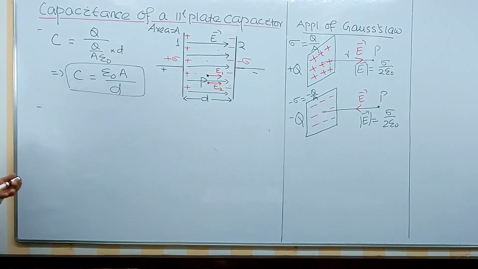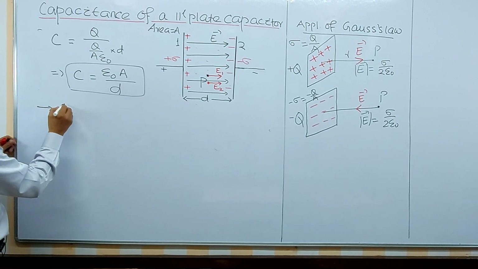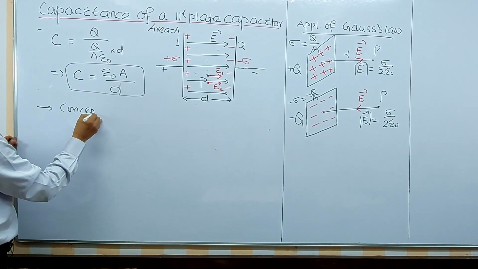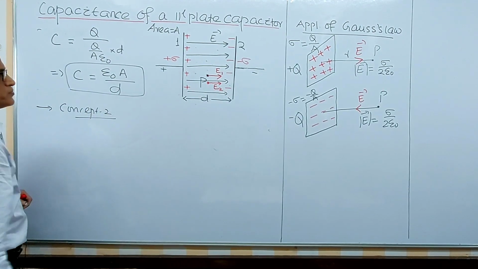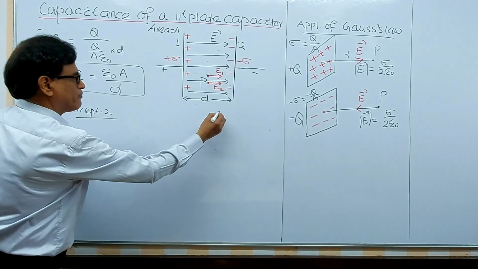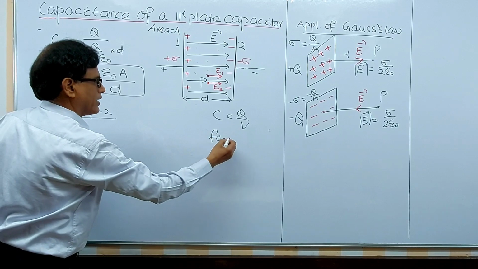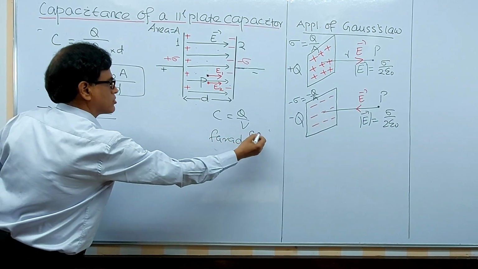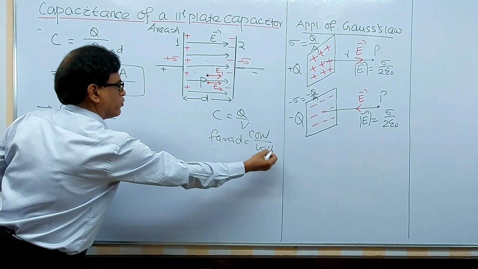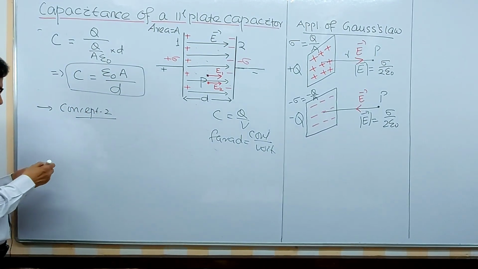Second concept. Now you have read that capacitance is Q by V, so Farad is equal to Coulomb by volt. You may be asked a question.